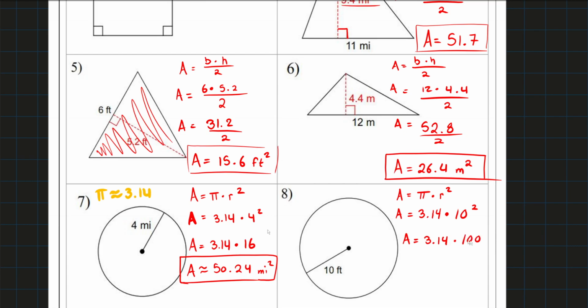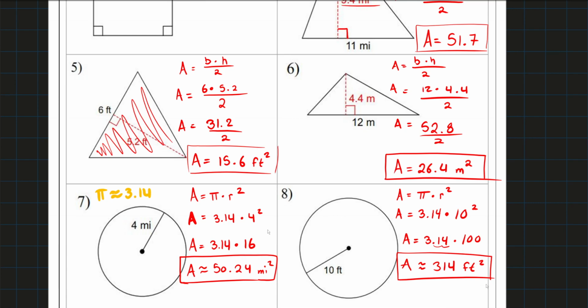I don't need a calculator for this. Remember, when we're multiplying by tens, we just take the decimal and move it out, right? So let's do that for this one. Area equals 314 feet squared. Only remember, we're not using the full value of pi, so it's approximately 314 feet squared.